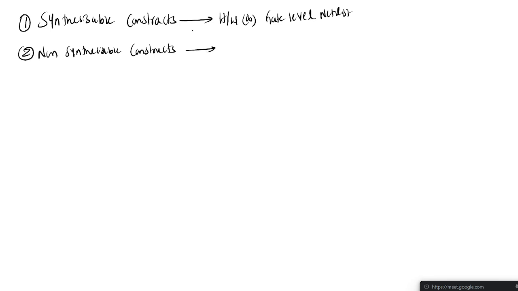Now tell me, in these data types, what are synthesizable and what are non-synthesizable? Wire, wand, var, reg, vector, integer.